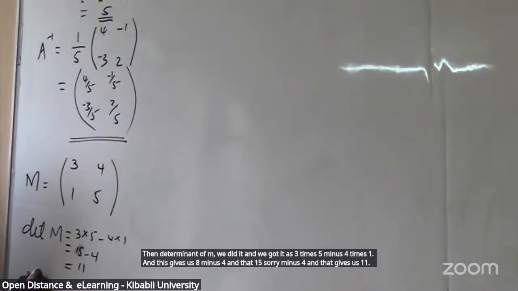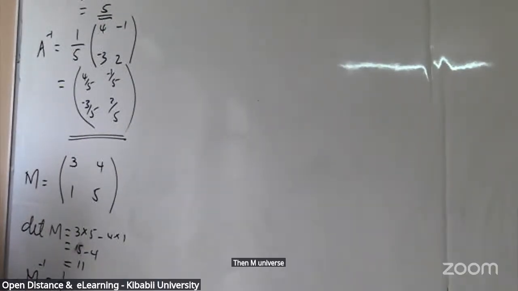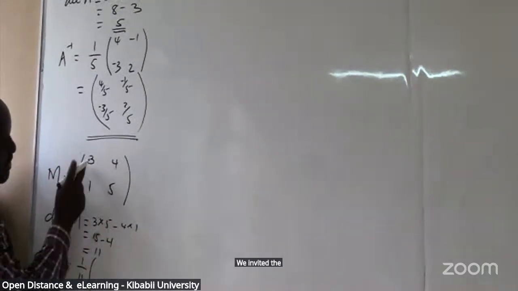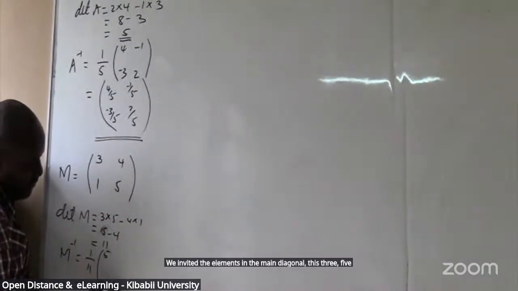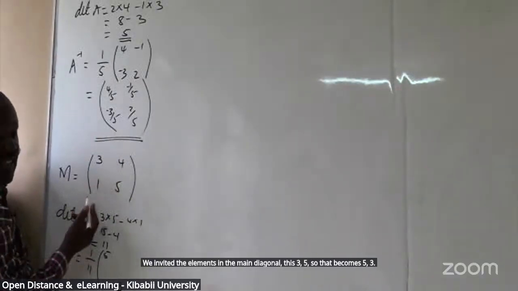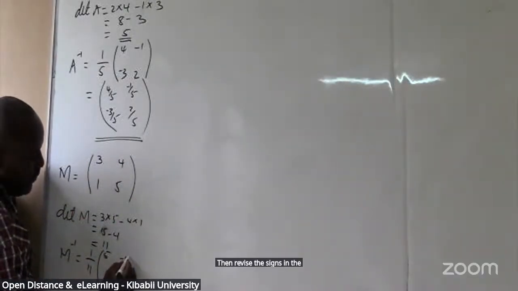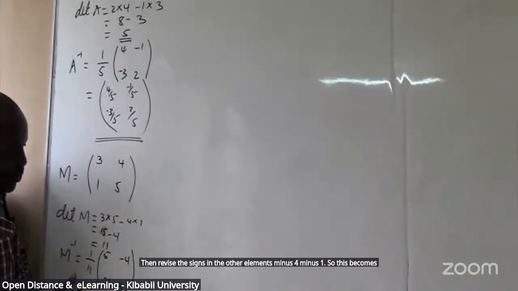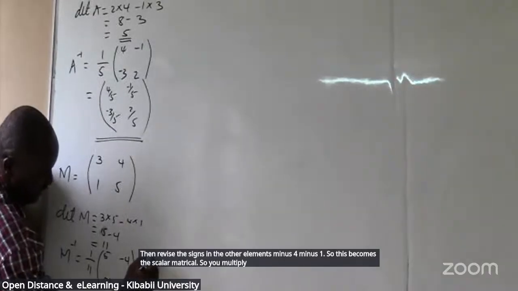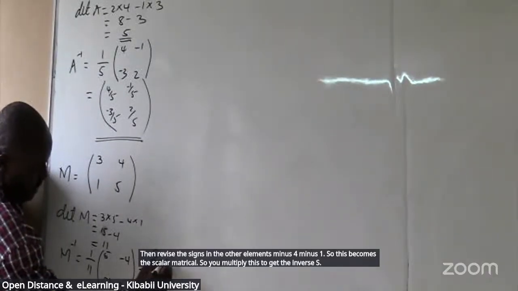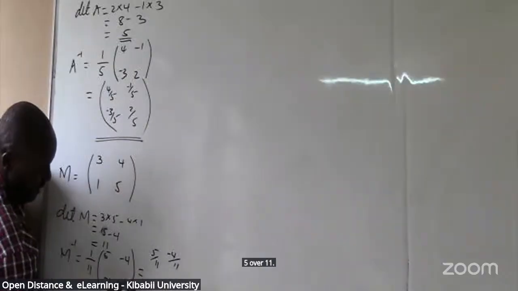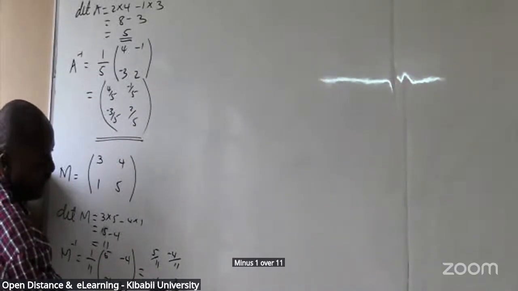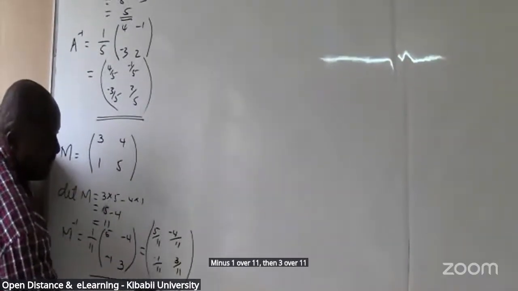Then M inverse would be equal to 1/11 times: we invert the elements in the main diagonal, 3, 5, so that becomes 5, 3. Then reverse the signs of the other elements, minus 4, minus 1. So you multiply by the scalar to get the inverse as 5/11, minus 4/11, minus 1/11, then 3/11.